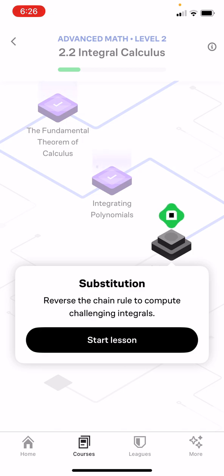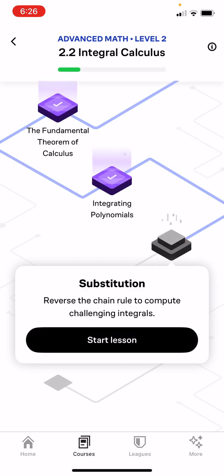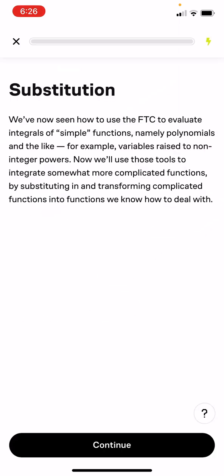Reverse the chain rule to compute challenging integrals. Now we're reversing the chain rule. We've now seen how to use the FTC to evaluate integrals of simple functions. Simple? Well, I guess they're simple, but the rules aren't.